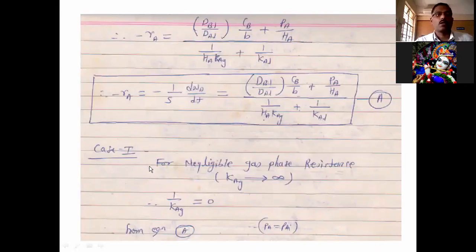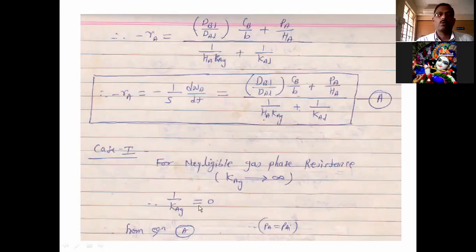Now in this case, suppose because there is mass transfer, gas phase resistance is controlling and liquid phase resistance is controlling. There are two controlling steps. So for negligible gas phase resistance, suppose Kag is infinity. Kag is infinity means 1 upon Kg is nearly equal to 0.